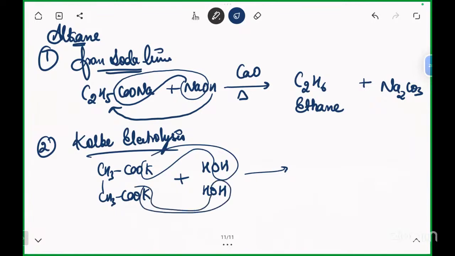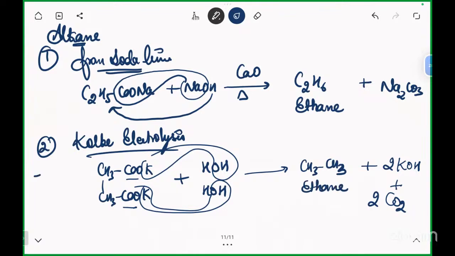It will form 2 molecules of KOH. Along with this, both the CO2 molecules will get eliminated. The remaining portion, that is CH3, will combine, and it is again ethane. So this is quite important. This is again most important.